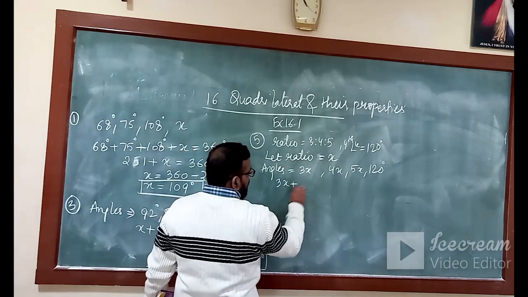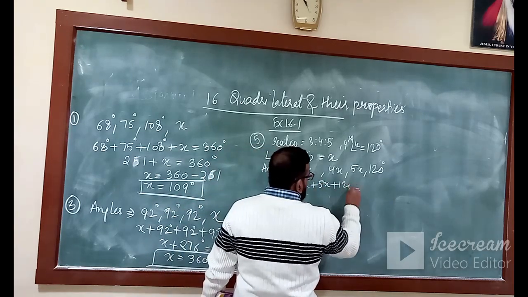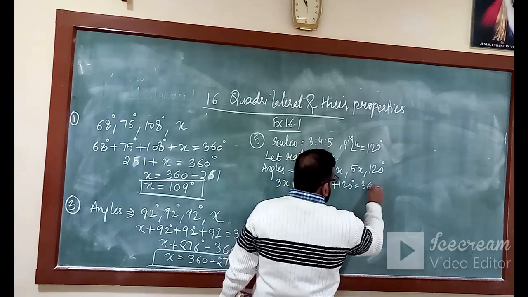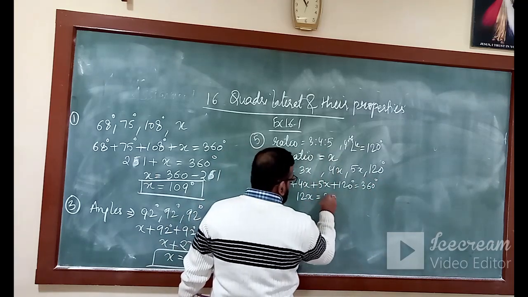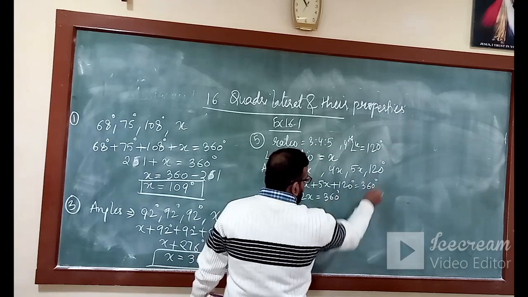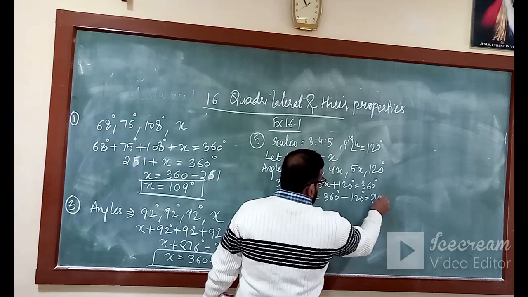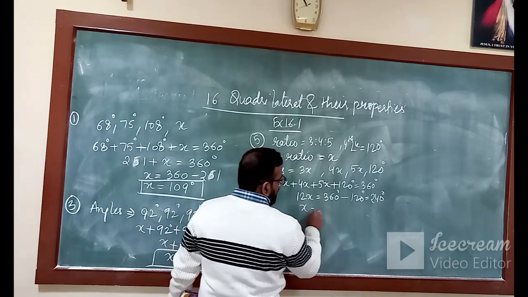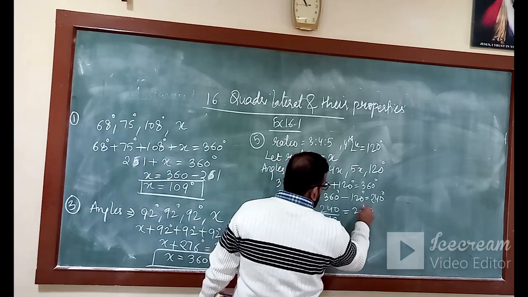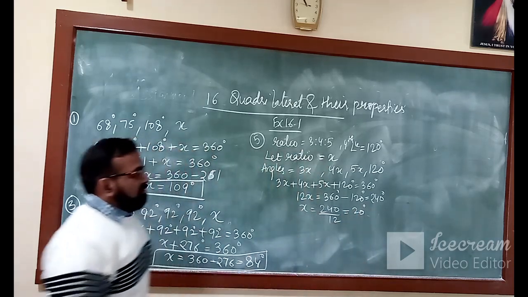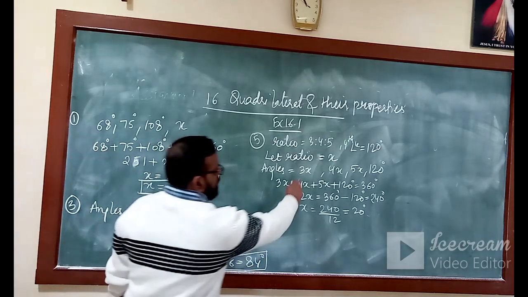Then again we will use the angle sum property, equal to 360 degrees. So from here we will get 12x equal to, this 120 will come here, 240 degrees. So what is our x? 240 upon 12, that is 20 degrees. So we got the value of x, but what do we want? We want these angles.